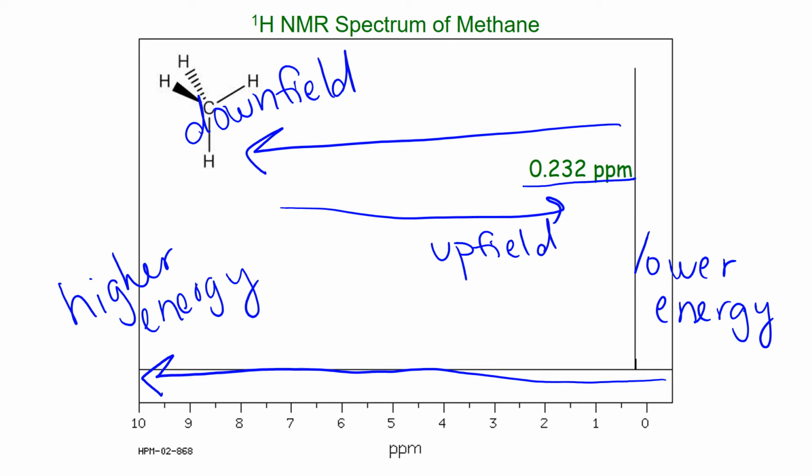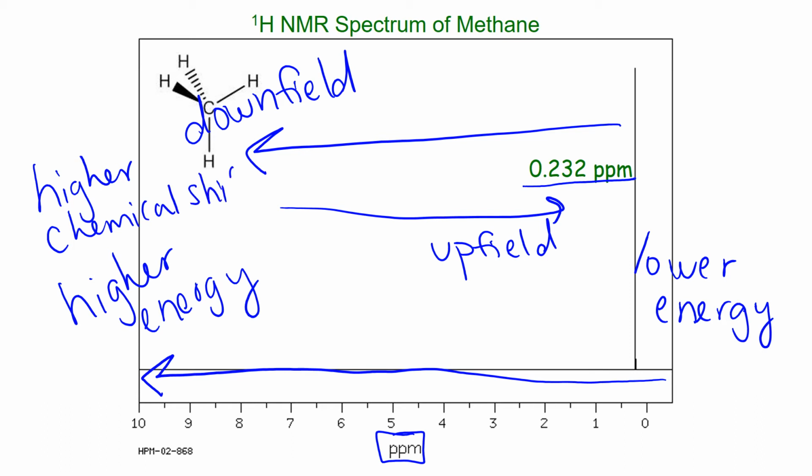And then the chemical shift, which is the ppm here, notice that it's increasing from right to left. And so we would say that we're getting a higher chemical shift over here and a lower chemical shift on the right.